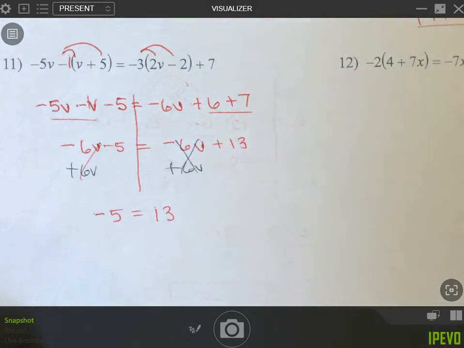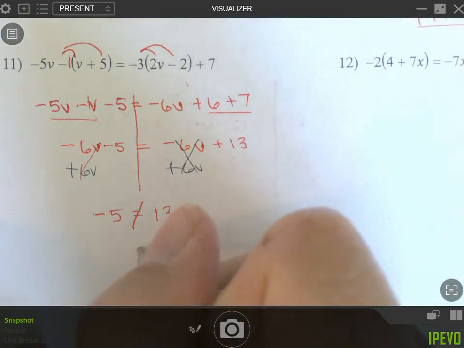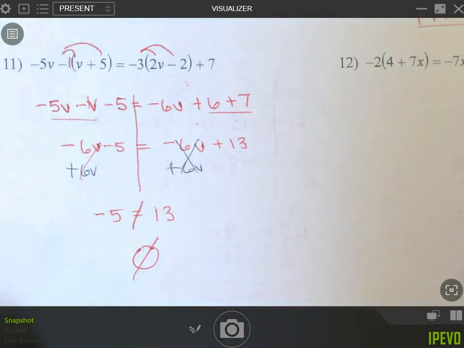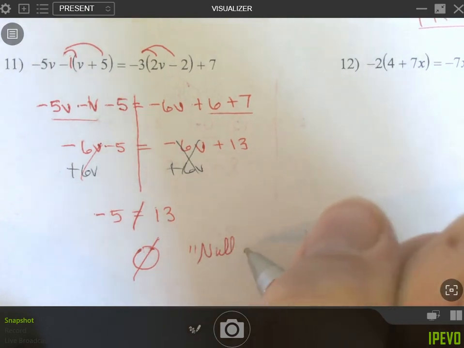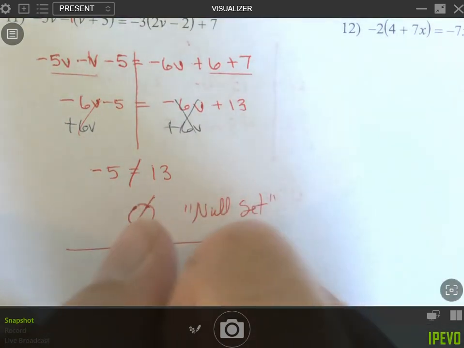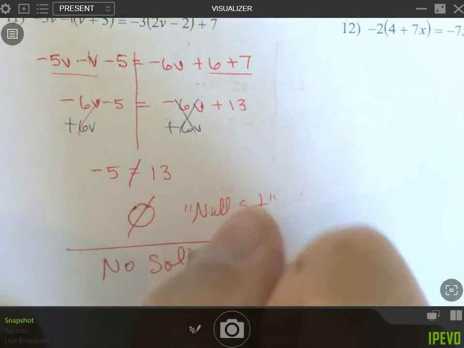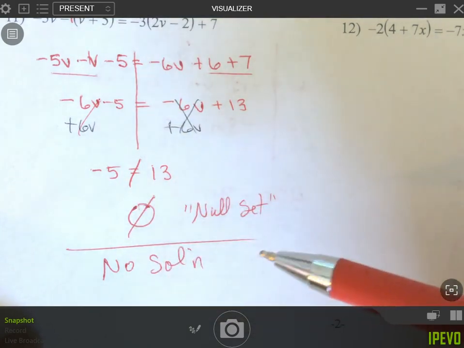It canceled itself out. Will negative 5 ever equal 13? No. Okay, so this is never going to be true, and that's when I get no solution, in which you could use the null set. That's what that symbol is, null, N-U-L-L set, like no solution, or you could just write out the answer of no solution. I will take either. This is not your answer. Your answer is there are no solutions.